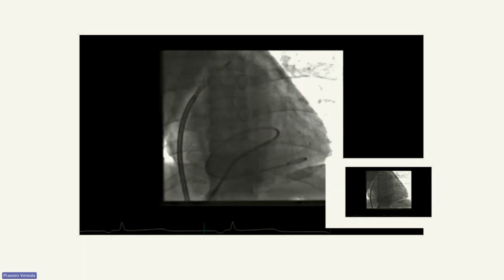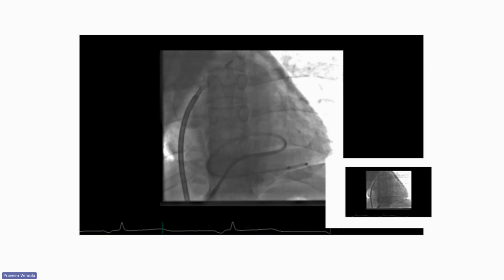Okay. Next one. Who's on the mic? It takes a picture from the pulmonary vein. Where is the catheter?